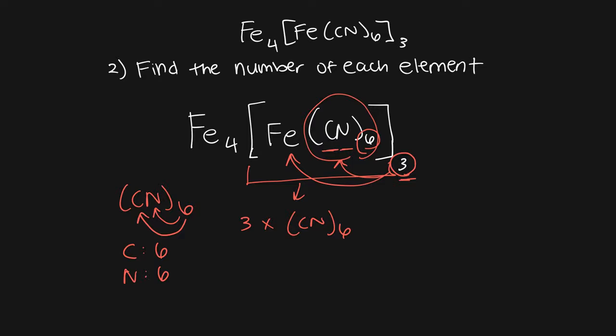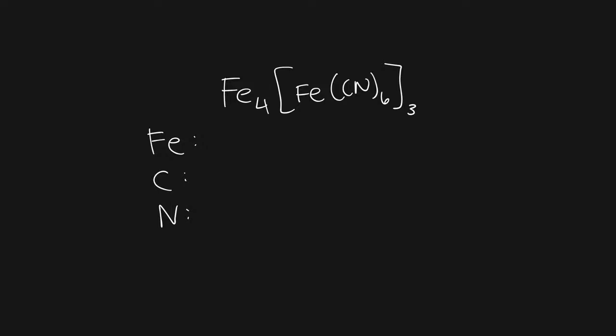Now all we have to do is multiply the 6 carbon times 3 and the 6 nitrogen by 3, which are both equal to 18, in order to get the total number of each of those elements in the compound. So to summarize, now we know there are 7 atoms of iron in this compound, 18 carbon atoms, and 18 nitrogen atoms.